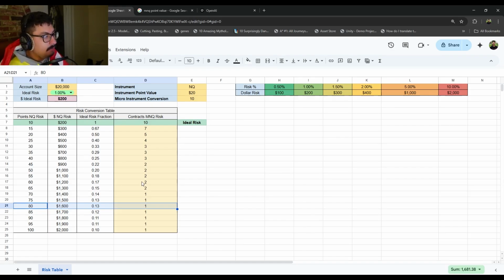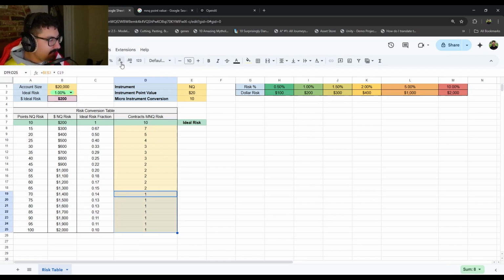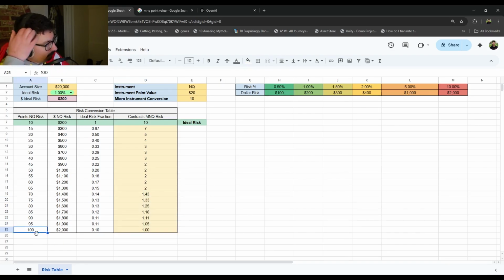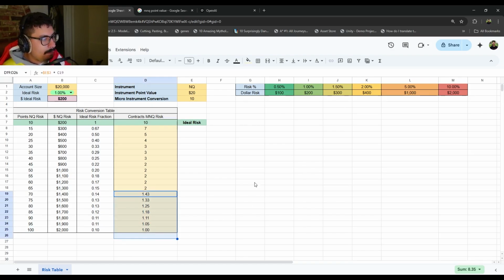It's probably going to be more or less. It's not exact. So 100 points is the risk that you would reach where 1 contract is exactly equal to $200. But again, it's just rounding. So do what you want to do.